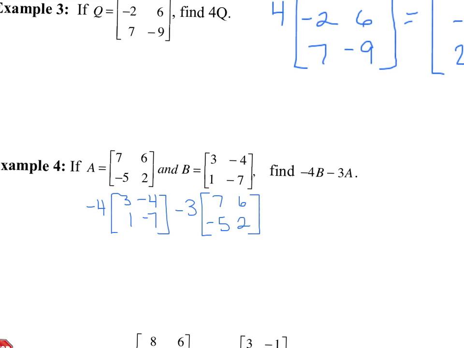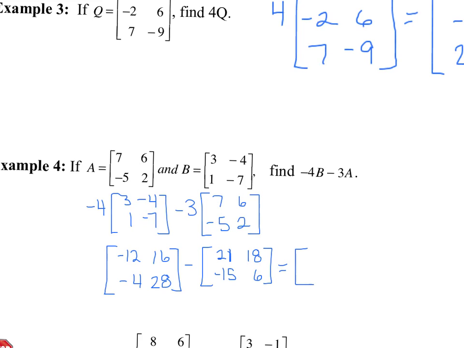I'm going to go ahead and multiply a negative 4 into every entry, giving me negative 12, 16, negative 4, positive 28, minus, now I'm going to multiply a 3 into the second matrix. It's 21. Okay, so now because I'm subtracting, I am going to do negative 12 minus 21 is negative 33. 16 minus 18 gives me negative 2. Negative 4 minus a negative 15 turns that to a positive 15, so it gives me 11. And then 28 minus 6 is 22.